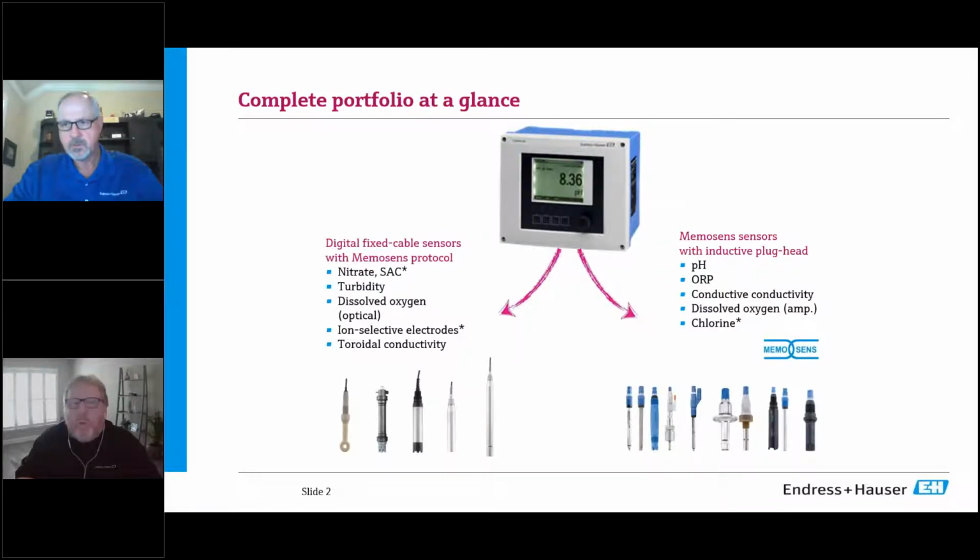What you see here is our common platform. That's our CM44X field mount transmitter, the blue box in the center. And then we're going to talk about a mixture of different sensors that can connect up into our transmitter. And boy, if you had seen our product line 8, 10 years ago, we used to have 6 or 7 different transmitters, and we only had certain sensors that could go into certain transmitters.